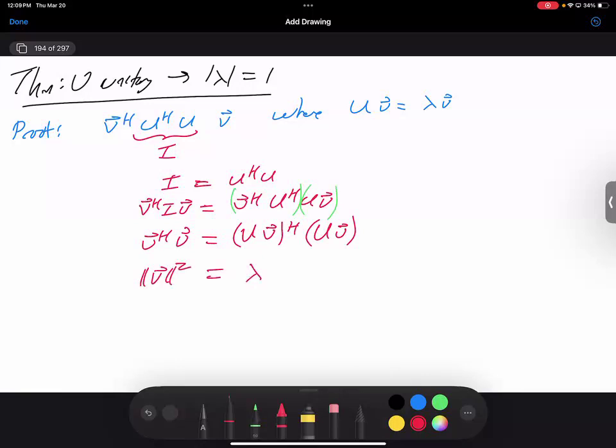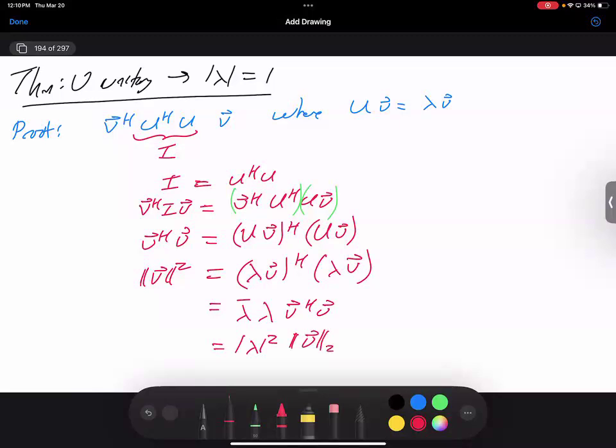And now I'm going to get lambda V Hermitian, lambda V. When I take the Hermitian, I get the complex conjugate of lambda, and then lambda from the other one, and I'll have V Hermitian V. So I get the absolute value of lambda squared times the length of V squared. So the absolute value of lambda squared equals 1. Therefore, the absolute value of lambda equals 1.